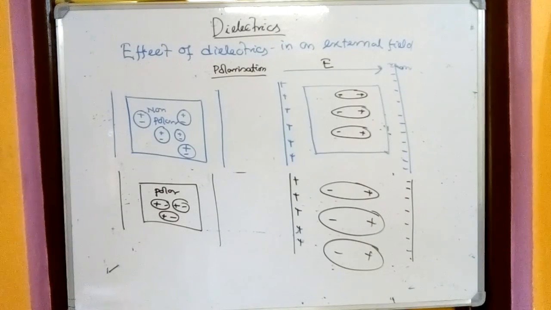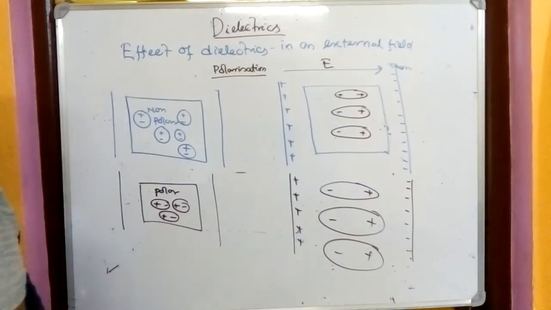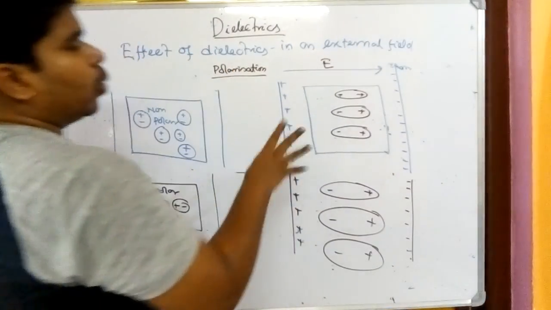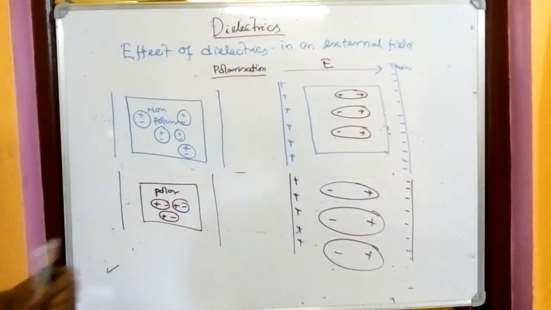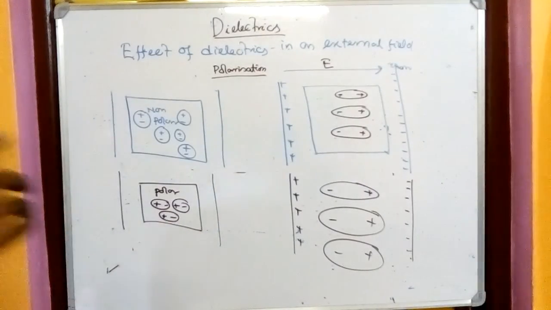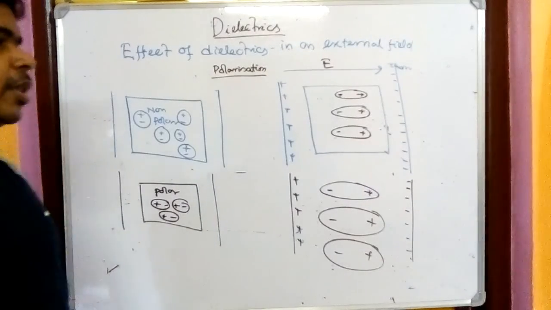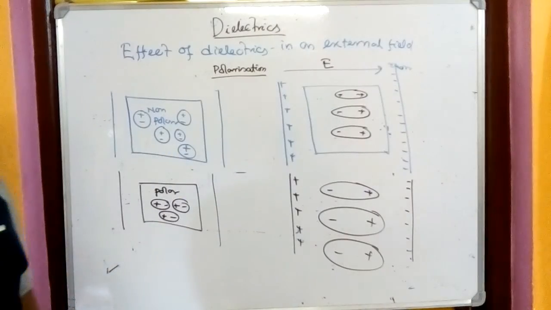Simple thing, in one word: if I put a dielectric substance inside the electric field, there will be polarization. That means the center of positive charges and the center of negative charges will align exactly opposite to each other by making a certain distance between them, so that separate poles are created.